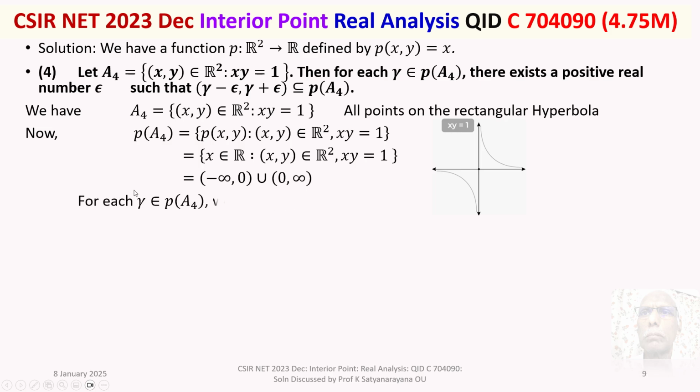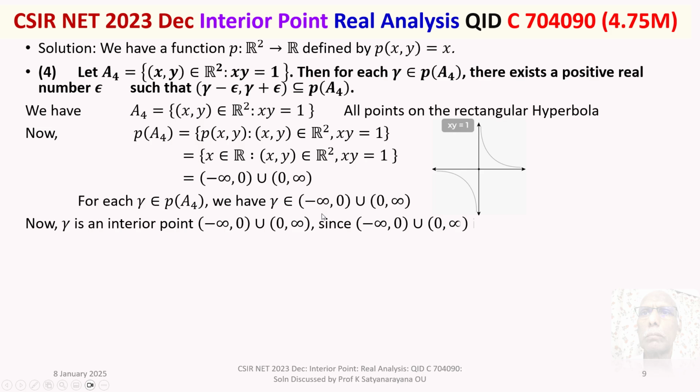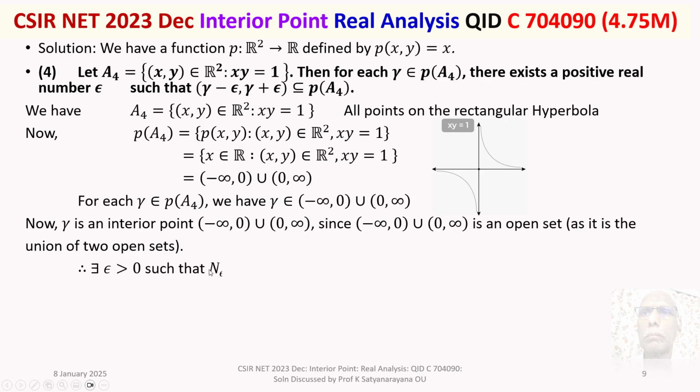Therefore, for each gamma belongs to P of A4, we have gamma belongs to this union. Now gamma is an interior point of this union because this union is an open set, as it is the union of the two open sets. Therefore, gamma will be an interior point. Therefore, there exists an epsilon greater than 0 such that the neighborhood with center gamma and radius epsilon is entirely contained in the union of these intervals.